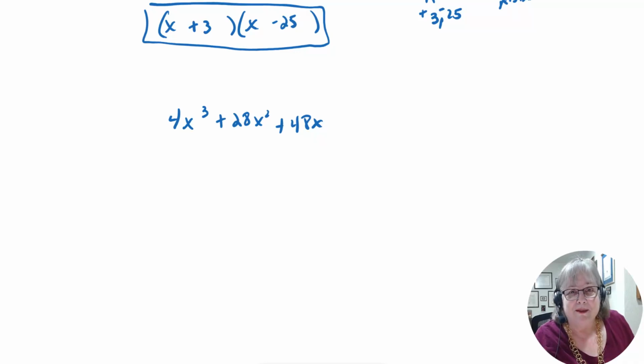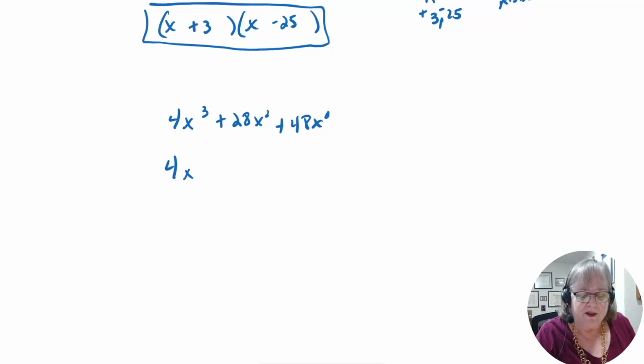And the biggest number that will go into everything, as in the greatest common factor, is 4. And there is an x in each term, and the smallest x is this x to the first down here. So that's what I'm going to factor out. And you're literally going to divide those out of each term. So 4x cubed divided by 4x is x squared. 28x squared divided by 4x is 7x. And 48x divided by 4x is 12.